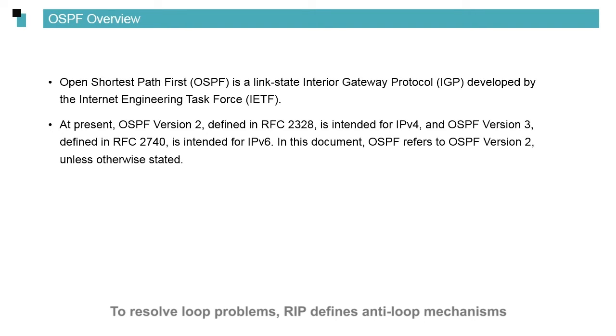To resolve loop problems, RIP defines anti-loop mechanisms, such as route poisoning and poison reverse. OSPF uses the SPF algorithm to prevent a loop from the ground up. OSPF stands for Open Shortest Path First, which means that it is public and any vendor can use this protocol. This is a major reason for its wide application.